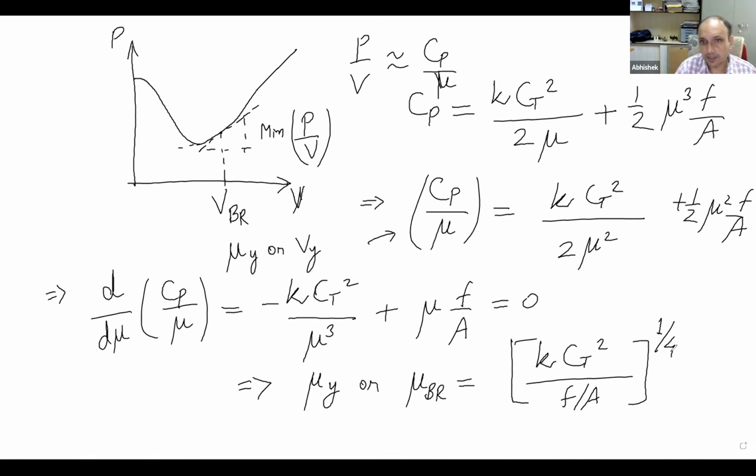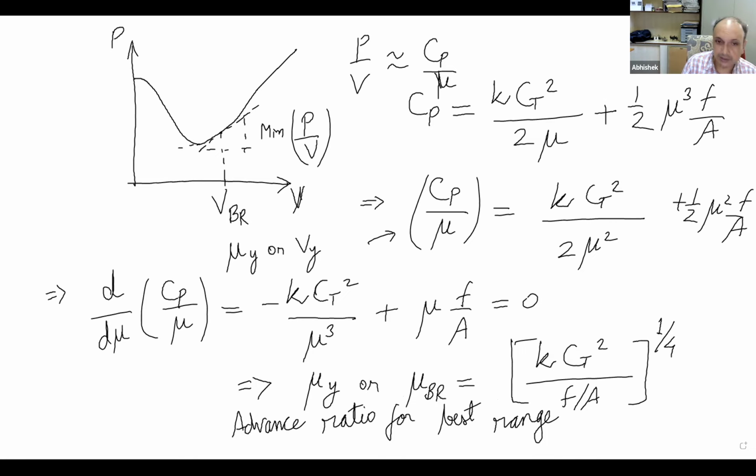So that becomes my expression for advance ratio for best range. And now I can also write this in the dimensional form.